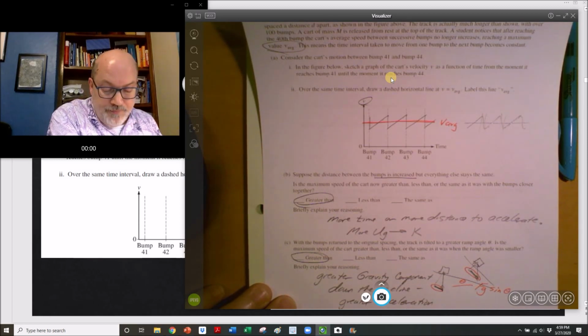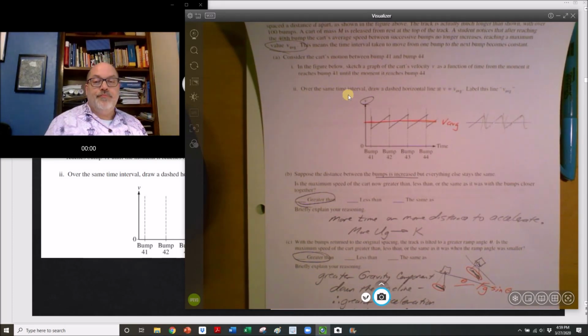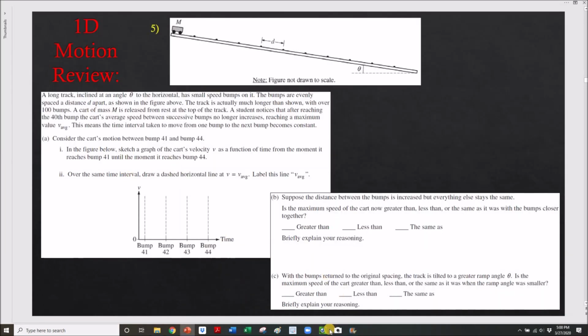And therefore, since we have a greater gravity component down the incline, therefore greater acceleration, therefore larger average velocity. Okay? So now let's do the last part of our question.